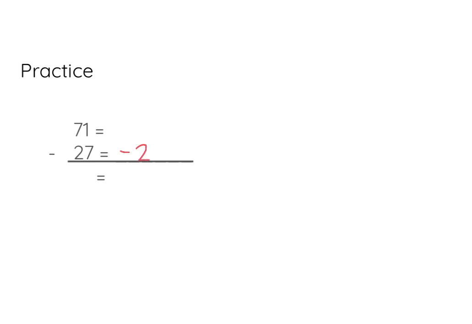All right, we put our minus 27 there. And right up above it, I put the next 10 or my close benchmark. So 27's next 10 equals 30. Now I'm going to break apart that 71 into a 30 plus a 41. I bring down the 41 because I'm not going to do anything to it.